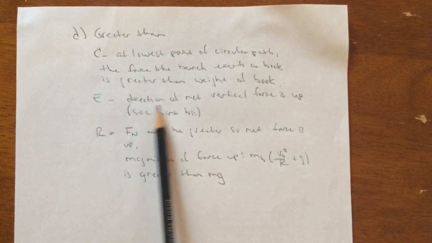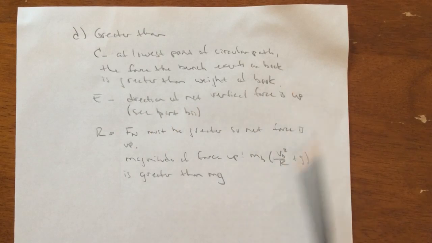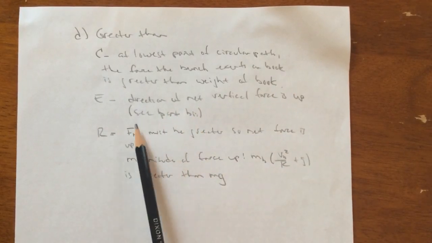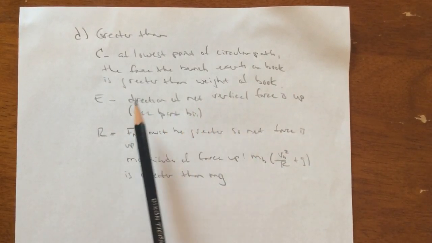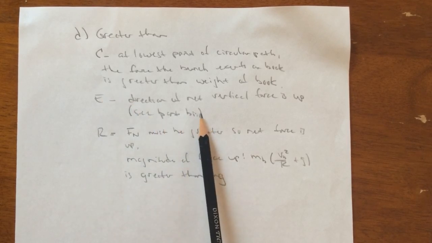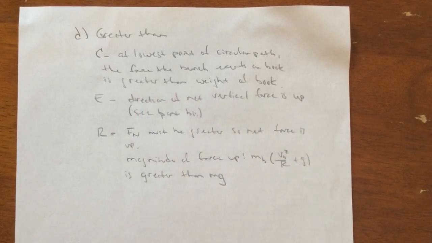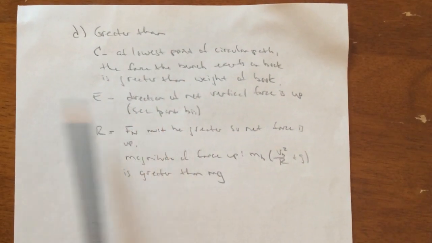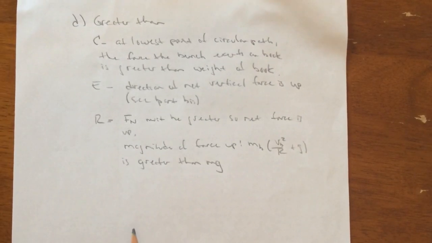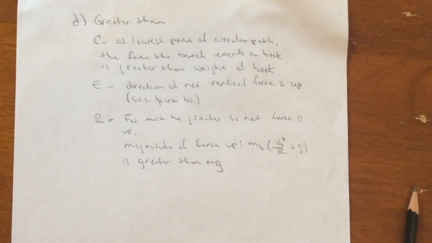Evidence: direction, net vertical force is up. And you can do this: C part B double I. Don't just put C part B double I. So direction of net vertical force is up, as I showed there. Make it into a sentence. Reasoning: force normal must be greater, so net force is up. Magnitude of force is up.